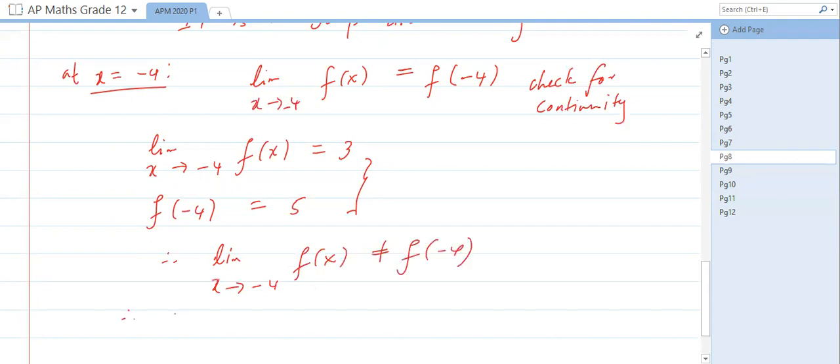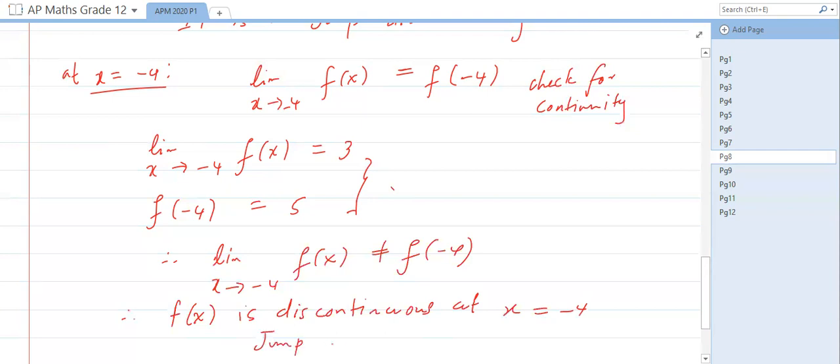Therefore, f of x is discontinuous at x is equal to -4, and the type of discontinuity, you can see a jump in value, so a jump discontinuity.